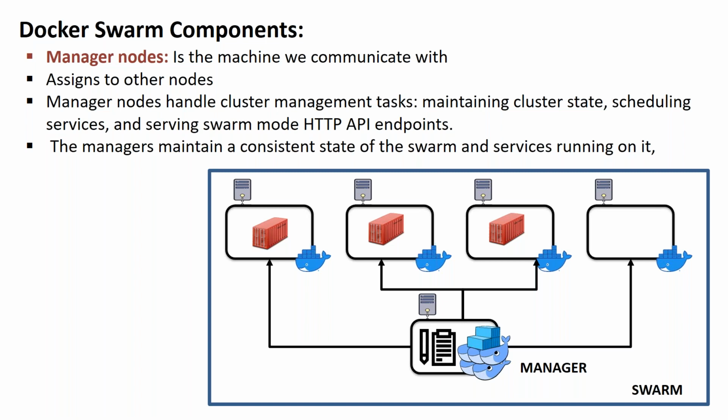Ideally, whatever work we want to get done, we get it done through the manager, or whatever communication we do, we do only to the manager. If I need 6 containers with whatever port and volume, I define it as a service, and that service you tell to the manager.